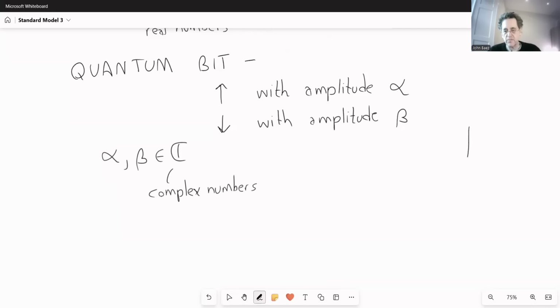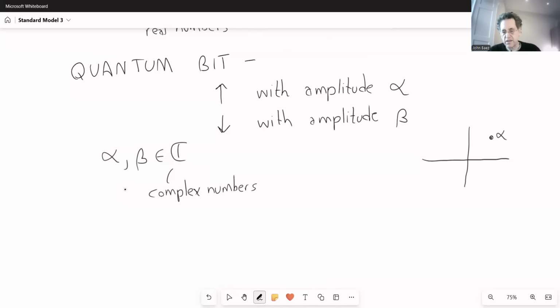So a complex number is a way of describing a point in the plane rather than a point on the line, right? A point on the line, you can describe with one number. A point on the plane, you describe with a complex number. So here's a complex number, alpha. This little plane I'm indicating here is a picture of the complex plane.